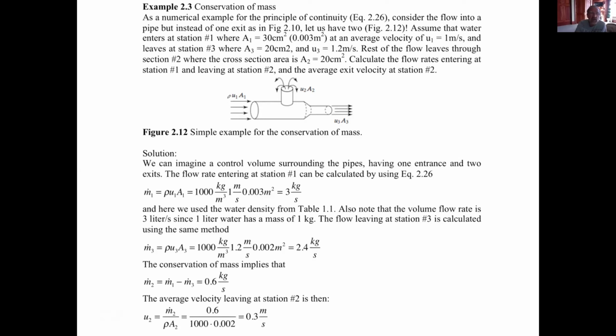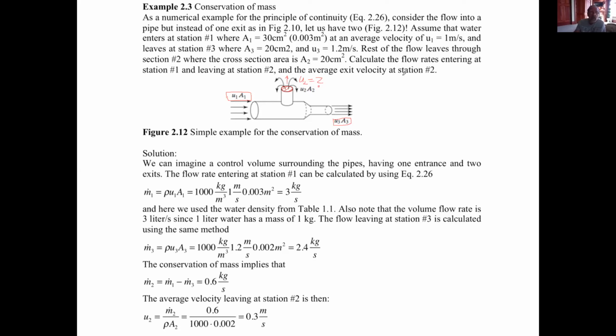So we know the condition going in, and the velocity leaving at 3. We know that condition. And then I think we have the area here, but we don't know the velocity. Okay, so that is the question.